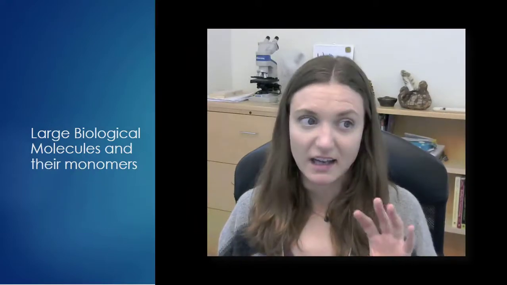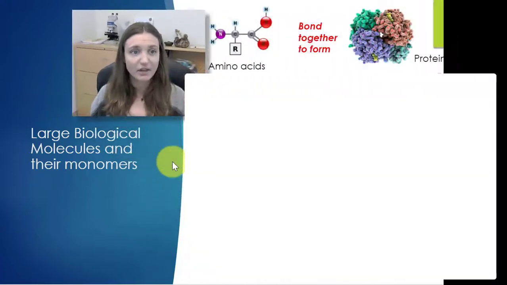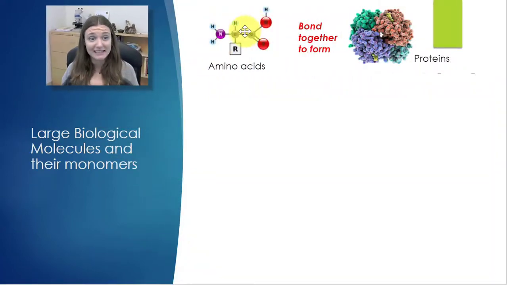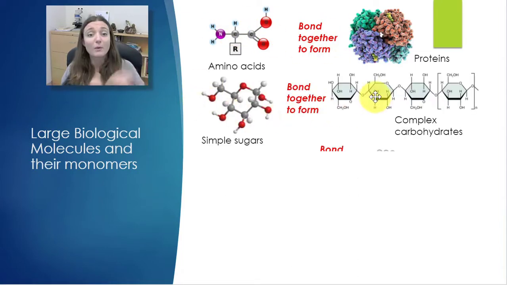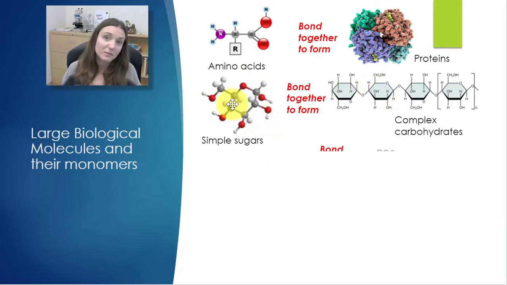Each class of biological macromolecule has its own set of monomers. For example, amino acids bond together to form proteins, so amino acids are the monomers of proteins. For carbohydrates, the monomers are simple sugars. We take many simple sugars and bond them together to create complex carbohydrates.